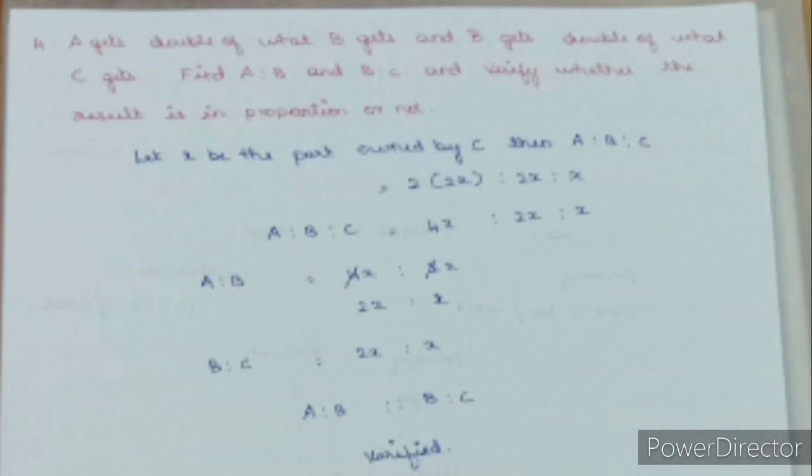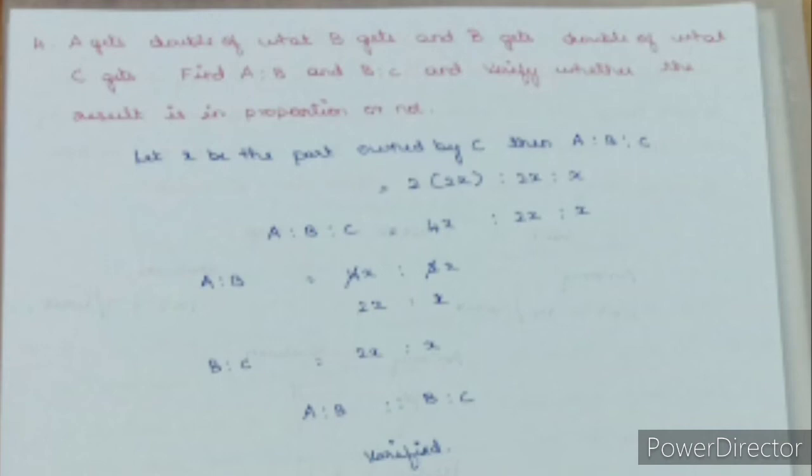So, for example, A is getting double of what B is getting and B gets double of what C is getting. So, it is like a double thing. Okay, so we have to find the ratio of A is to B and B is to C, and we are also going to find whether they are in proper proportion.